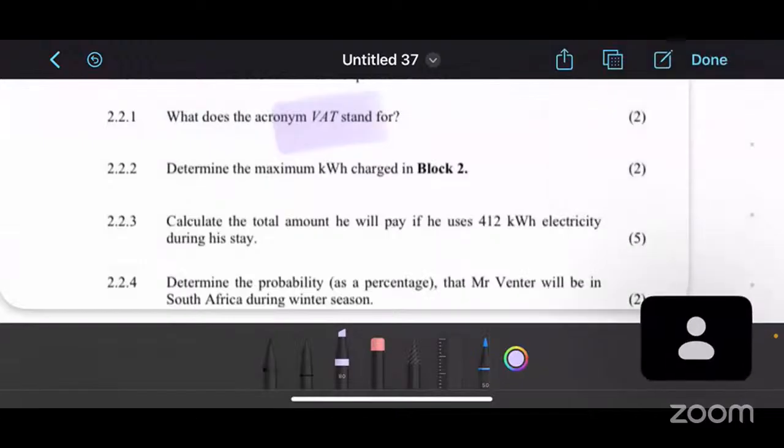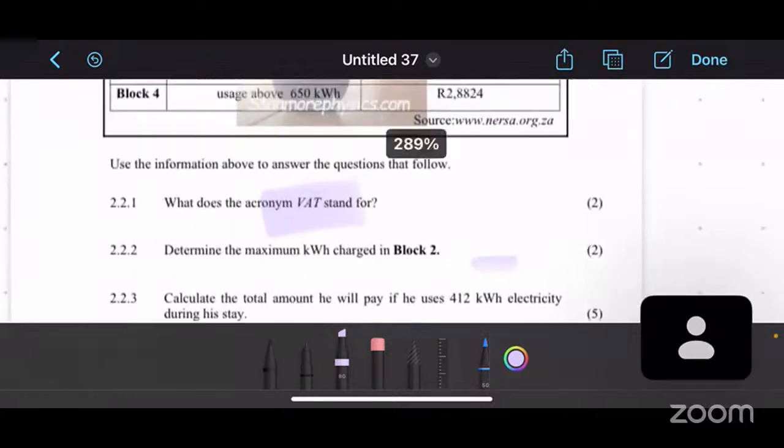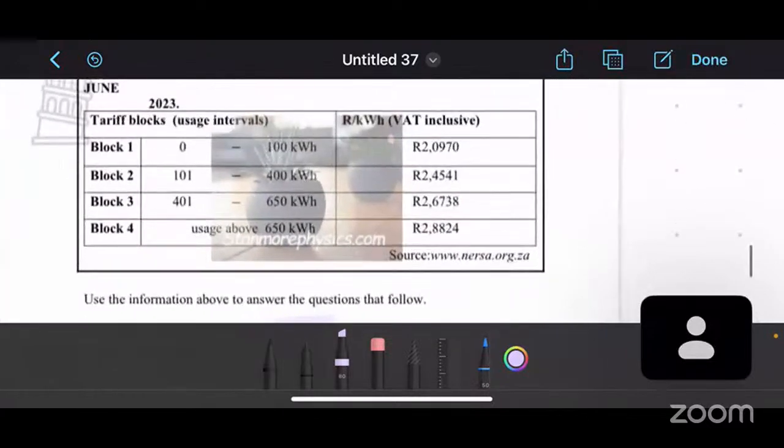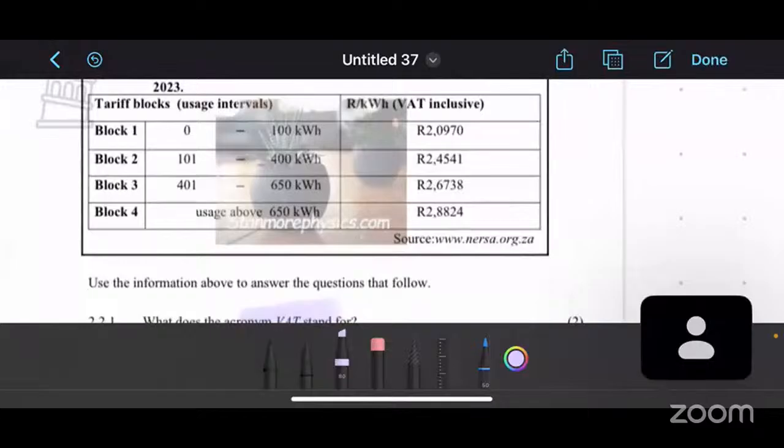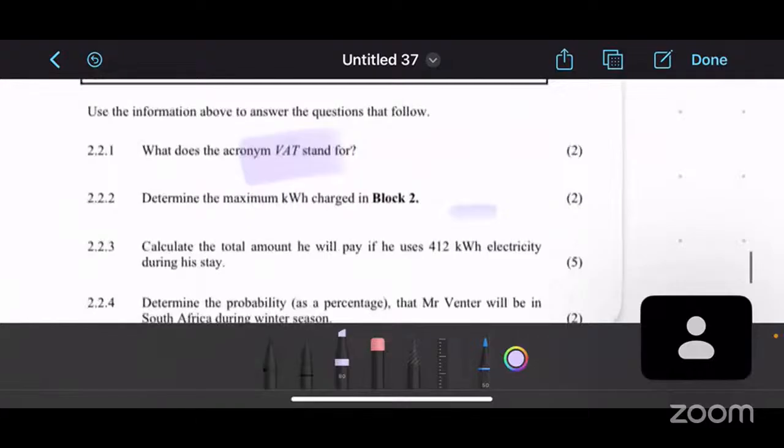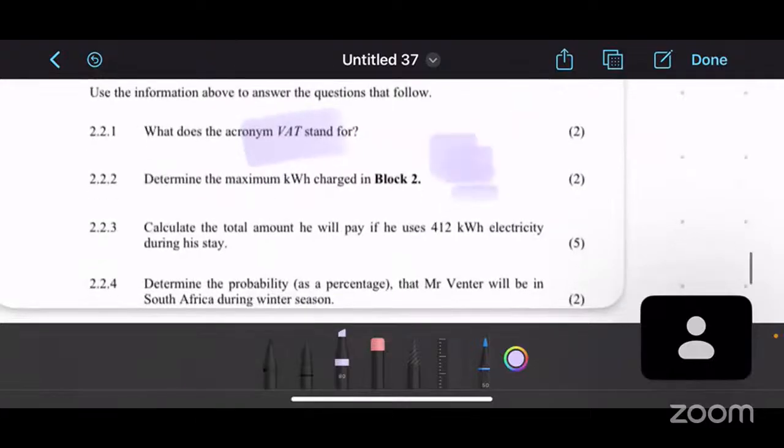Number two says determine the maximum kilowatt hours charged in block two. Block two, what is the maximum? 400 kilowatts. Perfect, so it's going to be 400 over there.